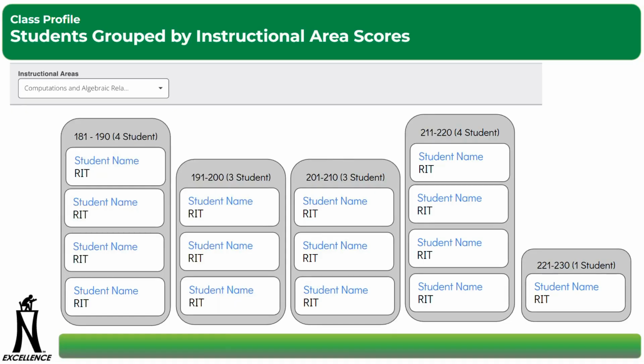Here's a different group. Again, same instructional area, but my students are spread out now. I have 4 students in the 181 to 190 group, and I have one student in the 221 to 230 group. So this might be a different instructional move for this group because of the way my students are spread out.